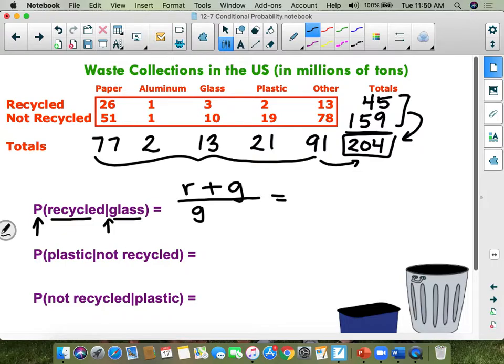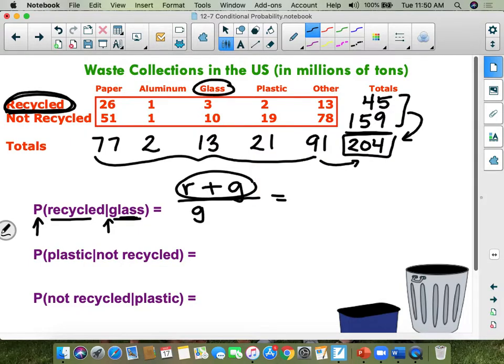So I did recycled plus glass on the top, divided by just the second one, which is glass. So you have to look at recycled and glass. So look at the chart and look under recycled. So I'm underlining recycled, and it also has to be glass. So it has to be recycled and it has to be glass.